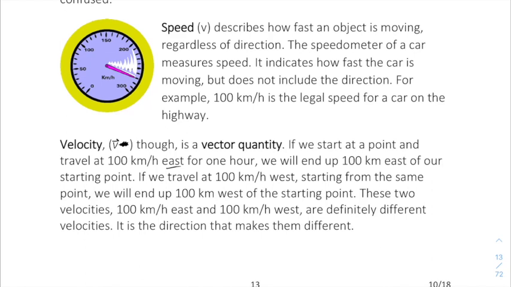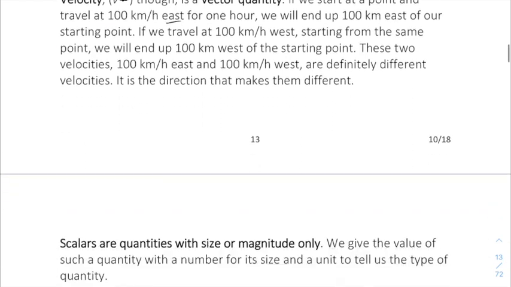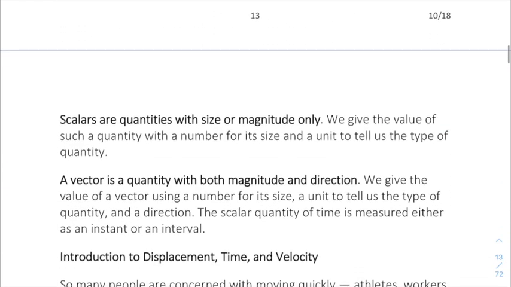These two velocities, 100 kilometers east and 100 kilometers west, are definitely different velocities. It is the difference in direction that makes them different. So scalars are quantities with size or magnitude only. This is the definition you need to know. And a vector is a quantity that has both a magnitude and direction.